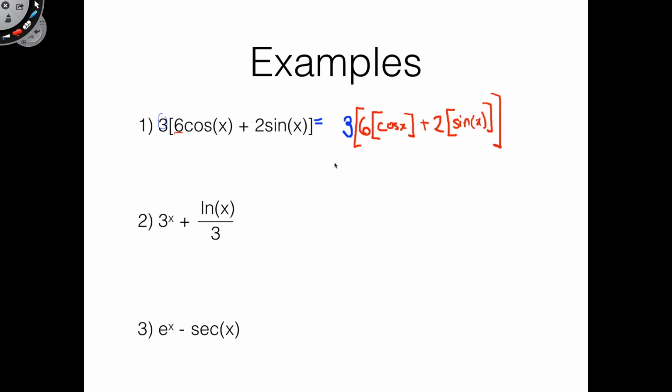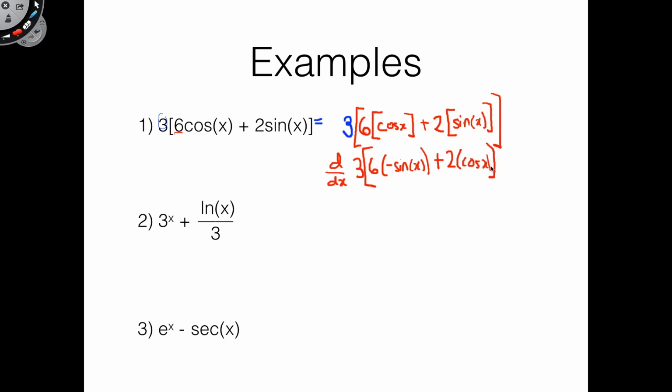Now all we have to do is take the derivative. So d dx. The 3 stays as it is. The 6 stays as it is. But what's the derivative of cosine? Well, that's going to be negative sine, right? Because cosine has a c. Plus 2 times the sine of x, that's just going to be cosine.